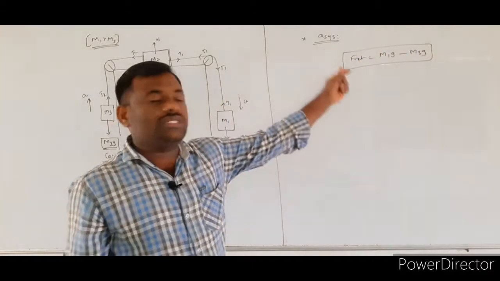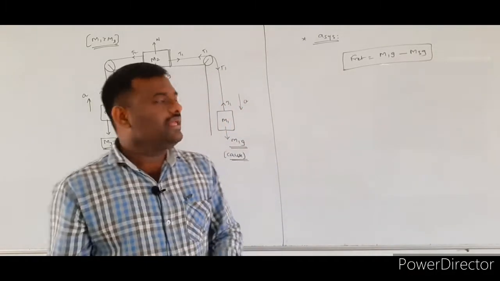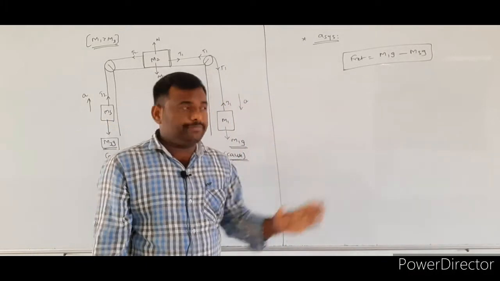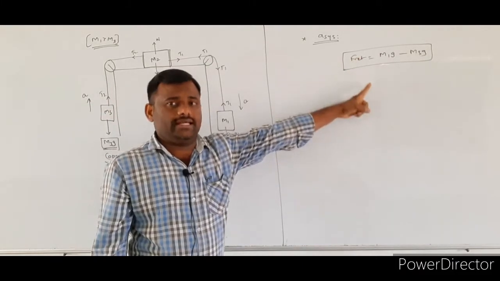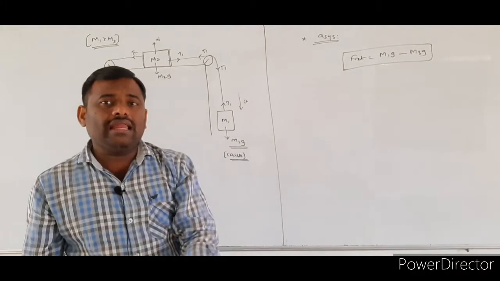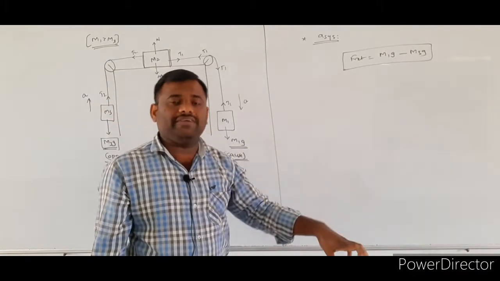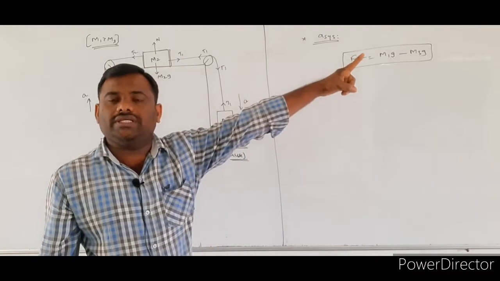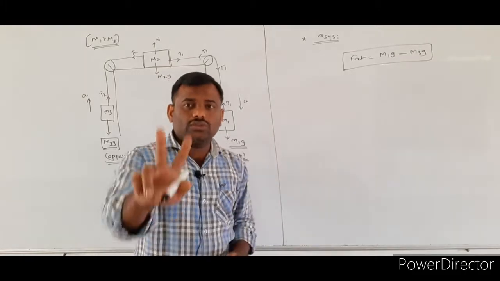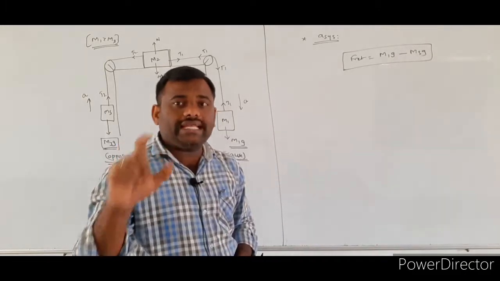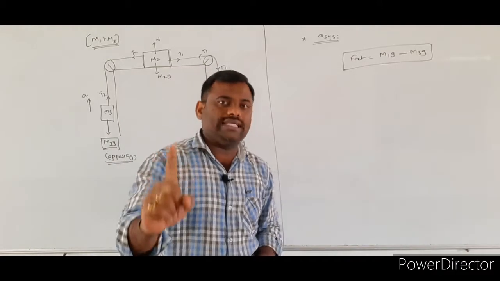If you understood this simple logic, you can calculate any problem, any application. Once again, for taking the F net, this is the main thing. According to your material or other books, they derive some equation and simplify it, which is a time-taking process. To find the F net, two things are required: which weight will be causing the motion and which weight will be opposing the motion.